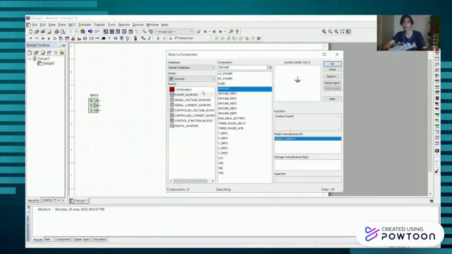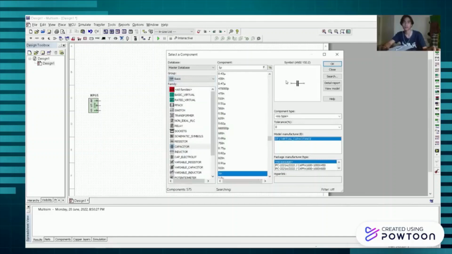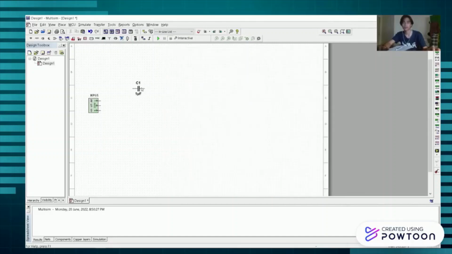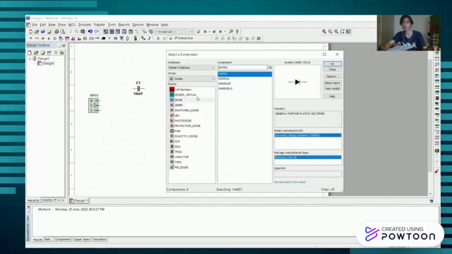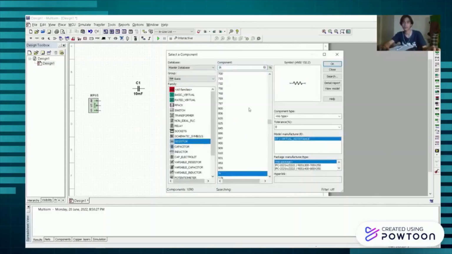Next component is capacitor. Set the capacitor value to 10 millifarad, and next component is silicon diode. Use 1N400 diode, and last component is resistor. Set the resistor value to 100 ohm.